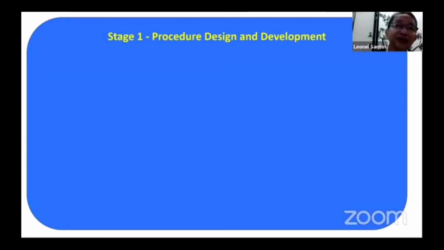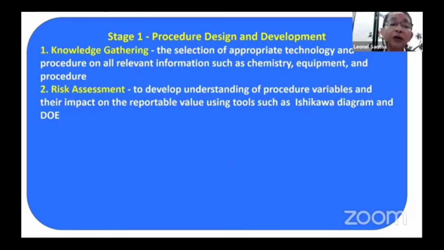Let me discuss with you briefly the three different stages. In the first stage of the proposed general chapter, which is the procedure design and development, there are 5 elements, where the first one would be knowledge gathering. This would be the stage where you're trying to determine what kind of methodology, what kind of procedure am I going to use? Do I use HPLC or near-IR or Raman?